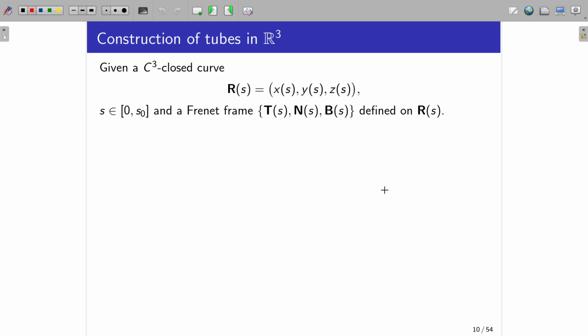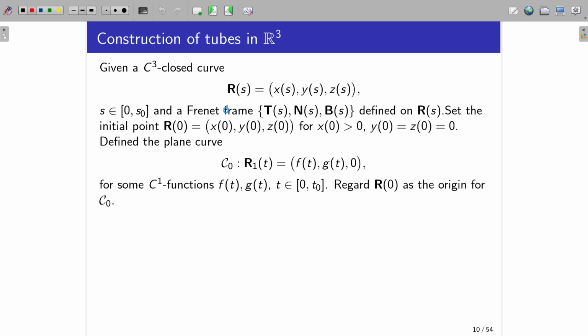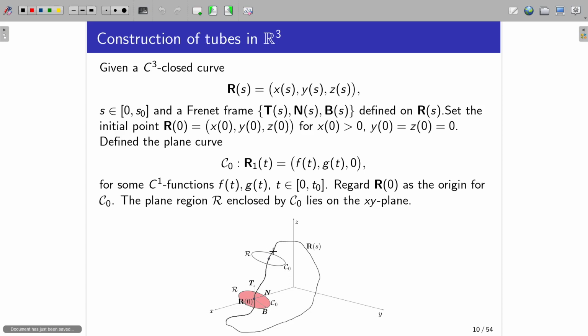Given a C3 regularity closed curve in R3 and the Frenet T and B. You can see the picture here, and this is the spatial curve, and we start from this point R0, and we have the closed curve, say capital R, and we start from the point and we move the points, and we have a plane region R on the XY plane.